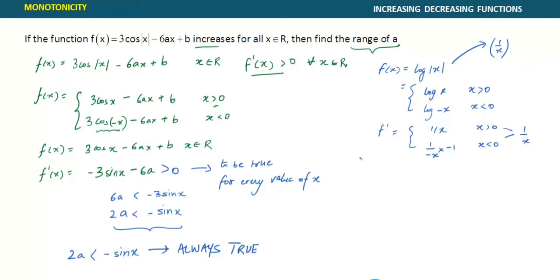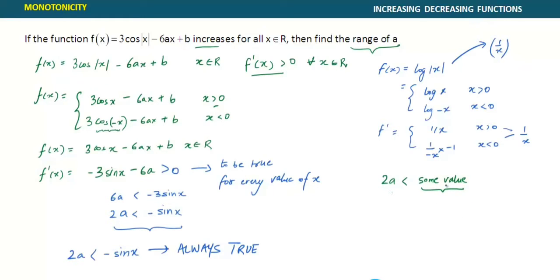Okay, I'll reiterate for you. You want 2a to be smaller than some value, and this some value is basically a parameter which is a changing value.